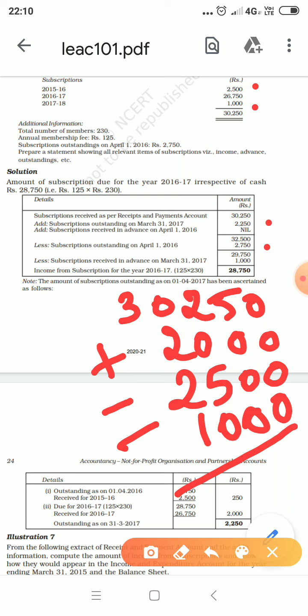From 30,250, if you do minus 1,500, you will get the answer 28,750. So 30,250 minus 1,000 is 29,250, minus 500 is 28,750. So stick to my formula, or if you find this formula easy, you can stick to this formula.